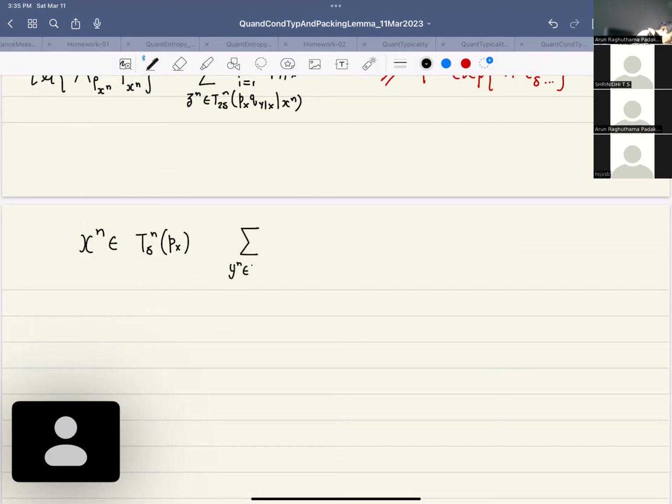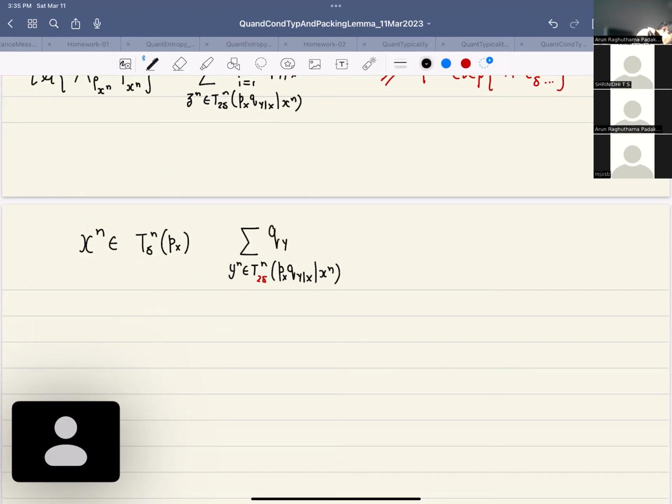I had given this in the homework, and there is a 2 delta here, if you recall. Yes, sir. And the reason is, there is a triangular inequality that comes. When we do this tomorrow, your question will be solved. Some of you who have already solved this will be able to appreciate that. But if you are having a question, this will get solved tomorrow.